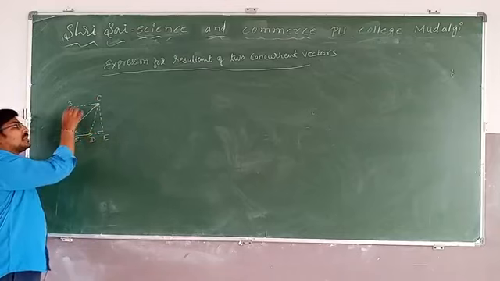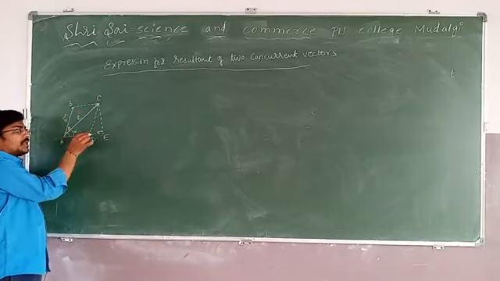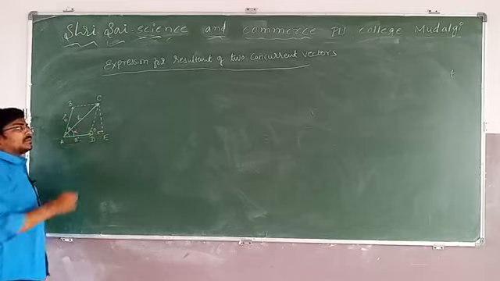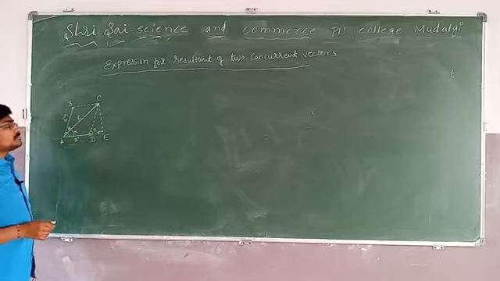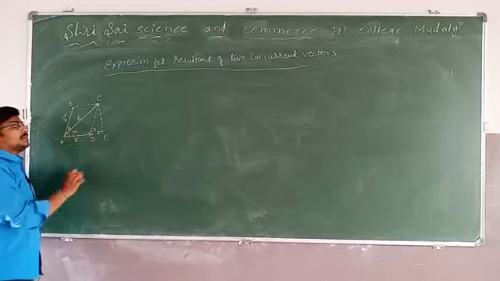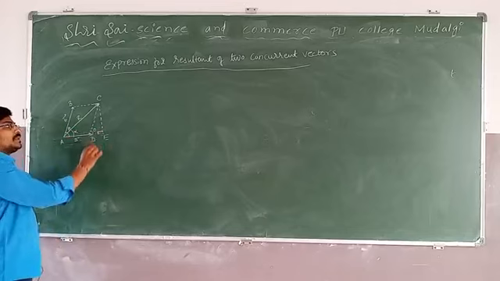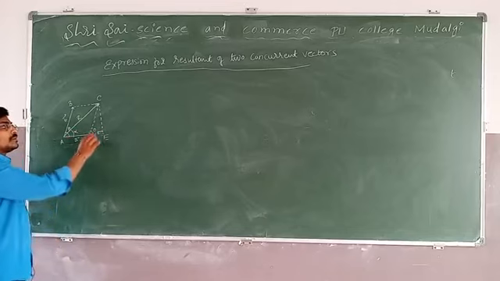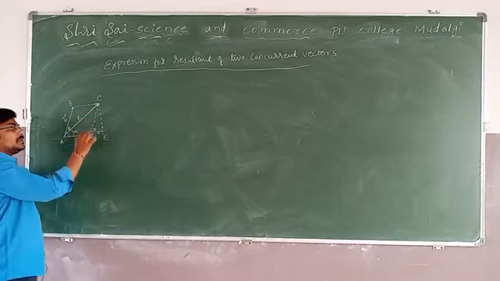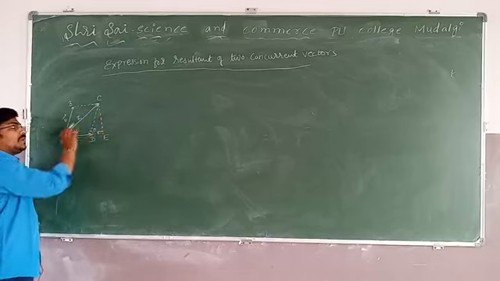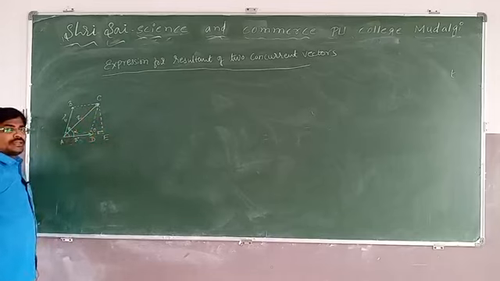If the angle between the a vector and b vector is theta, then this angle should be theta. This should also be theta. Remember this is 90 degree. Here DCE is one right angle triangle and ACE is one more right angle triangle.